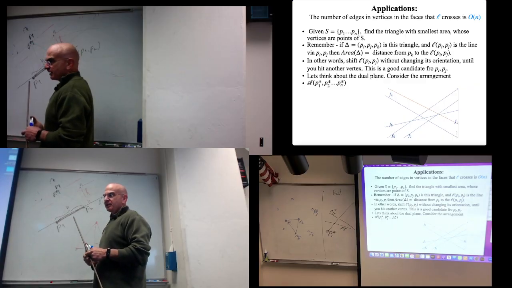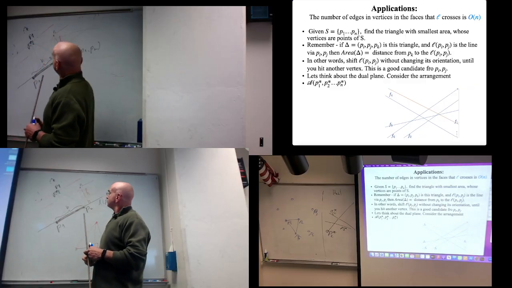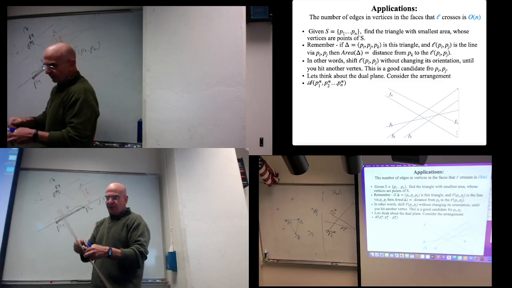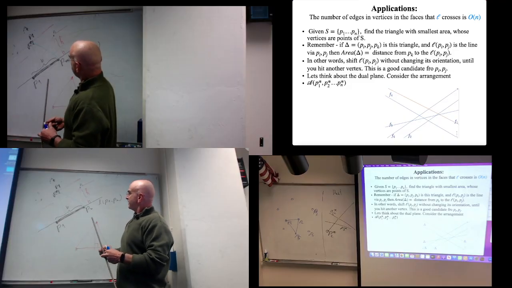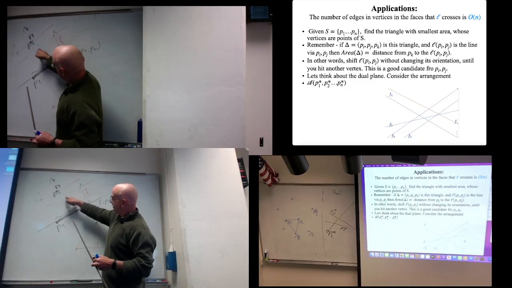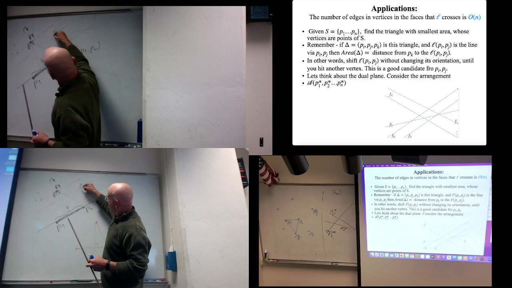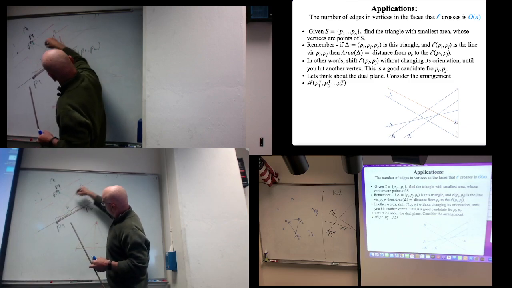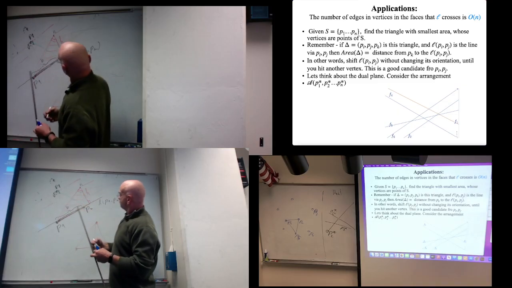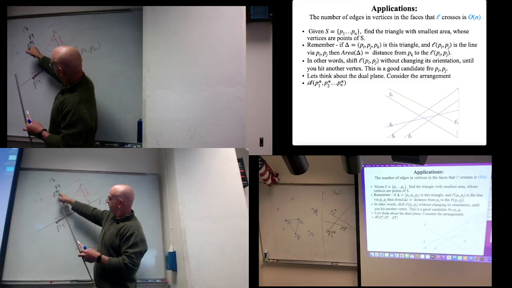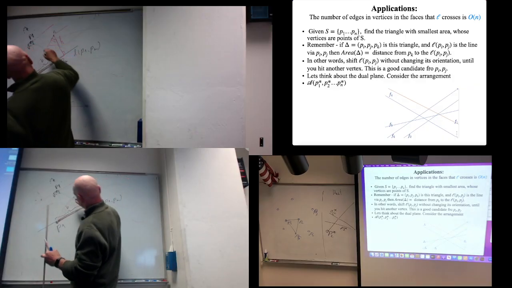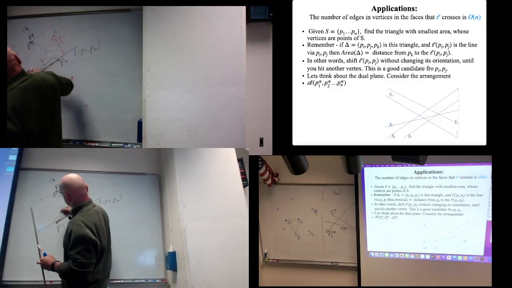It's not the first point that I hit. Everybody convinced that the red triangle that you barely see is smaller in area than the green triangle that you also barely see? Red has smaller area than the green.